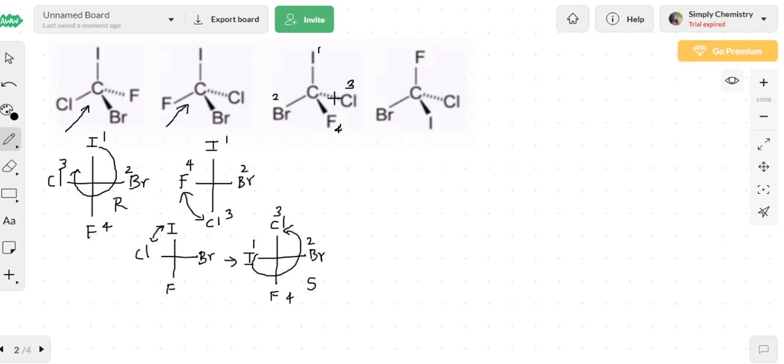So what I am suggesting is that it is easy to do if you rotate along this axis, in this direction, with the angle of 120 degrees, the molecule itself gets converted into like this, and just draw it. So you could see that fluorine goes to the position of the chlorine, chlorine comes to the position of bromine, and this to this. The simple exchange of the species takes place.